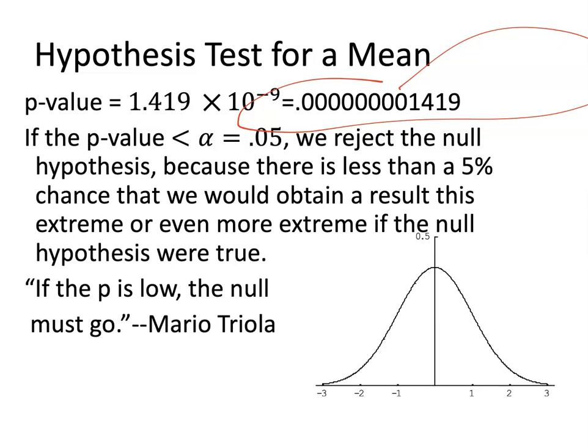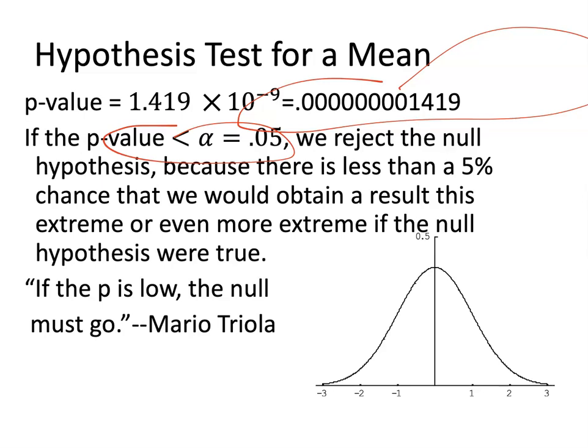If the p-value is less than alpha, which in this case is 0.05, we reject the null hypothesis, because there is less than a 5% chance that we would obtain a result this extreme or even more extreme if the null hypothesis were true. So we're definitely going to reject because our p-value is much smaller than alpha. One way to remember this: if the p is low, the null must go.